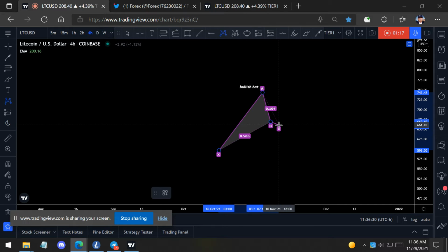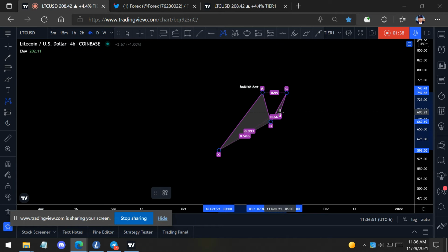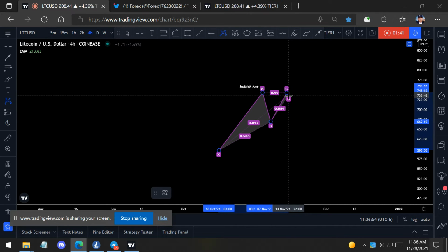I like the 50% retracement because whenever I'm going back for the C leg, I might get a double top. I would have to look for something in this area to take a trade. So the C leg can't break the A leg.